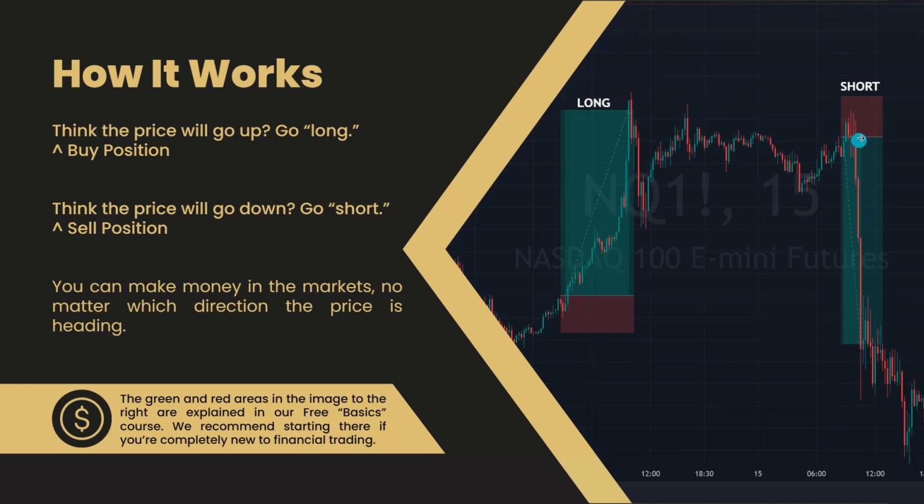The short would be selling at the top and buying back at the bottom. As long as you're in the green and you've got a trade that opens right at the intersection of the green and red box, the bottom is where your take profit is. You're going to earn a profit on that.